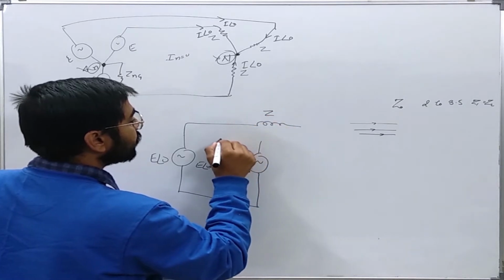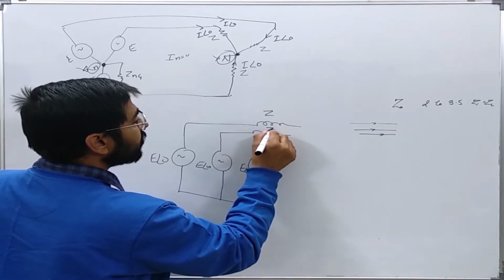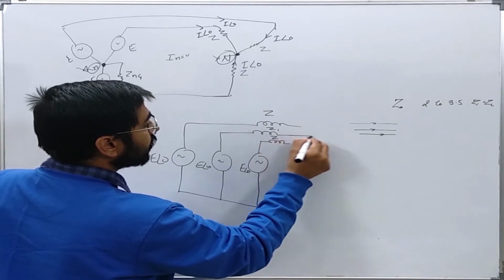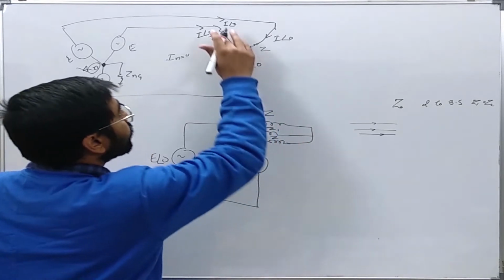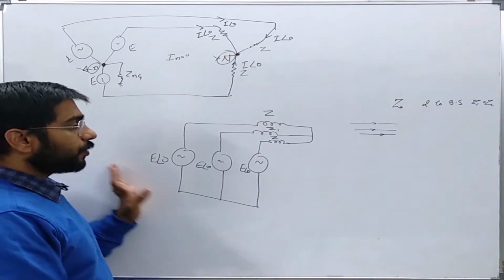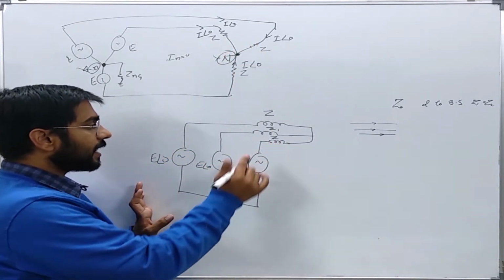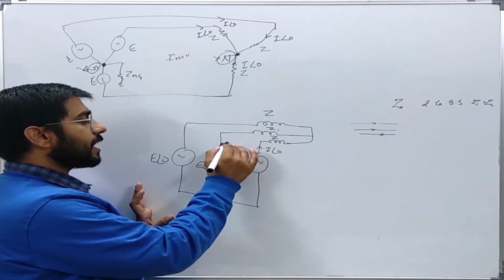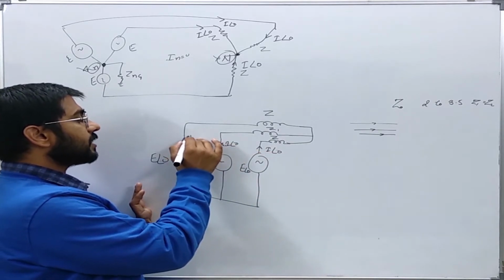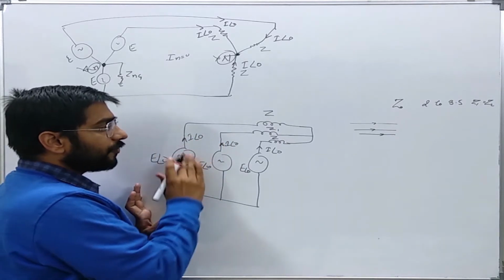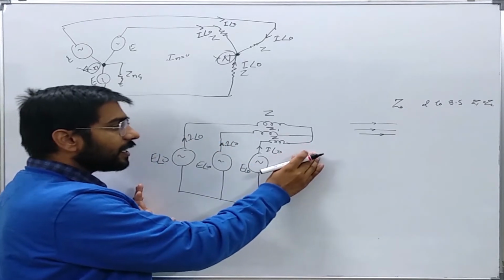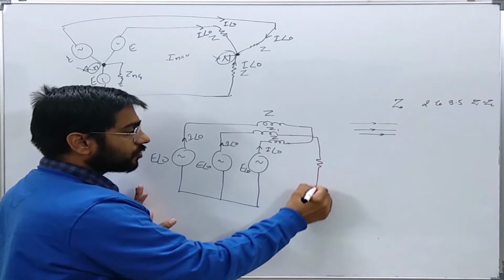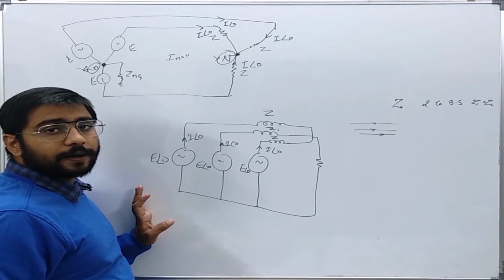This is some impedance of the line, this is some impedance of the line, and this is some impedance of the line or this load. Now you can clearly see here that if this current is I angle 0, this current is I angle 0, and this current is I angle 0, it can only flow into the system if there is some point connecting this to this.